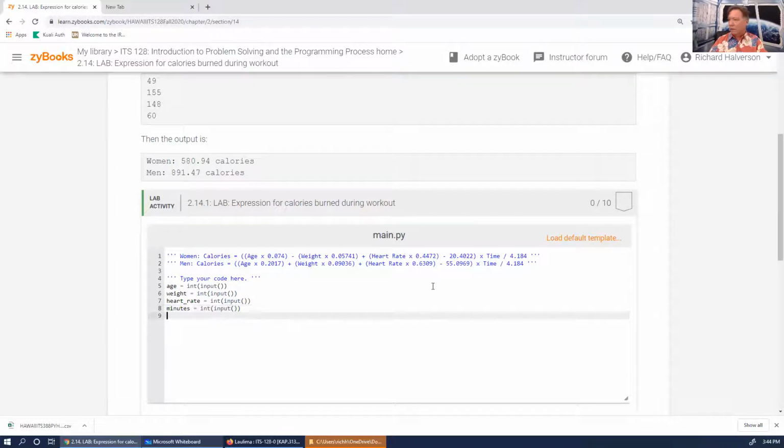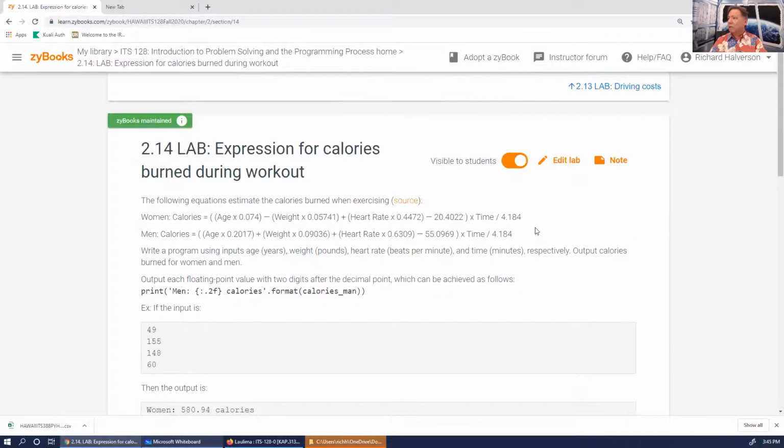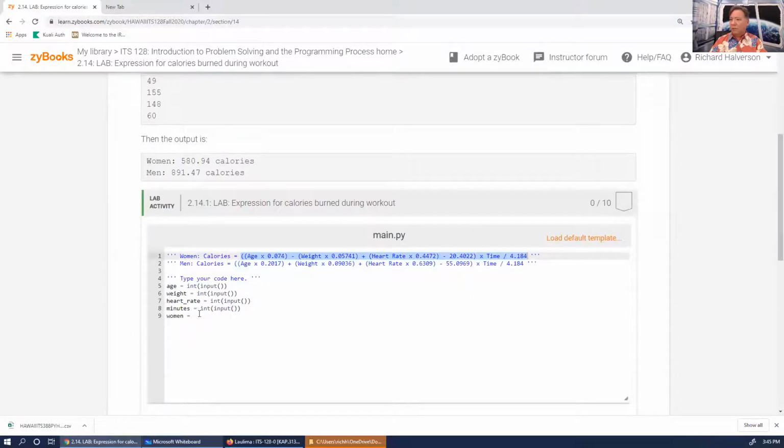All right, so I got these four numbers, and then for women, it's going to be something like women equals, and you got to convert this into something that looks more like this. So I'm just going to grab this. Is that the formula? It ends like that? Okay. Well, it doesn't matter which one I grab. They're the same. Grab this and put that there.